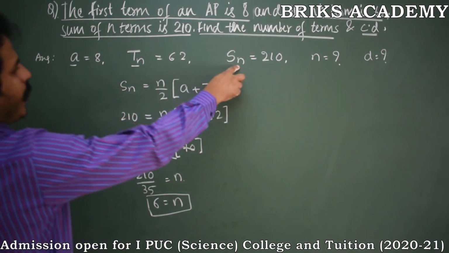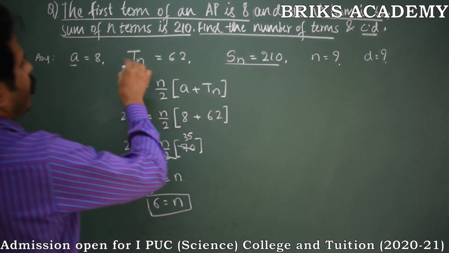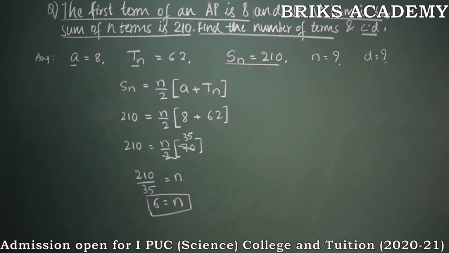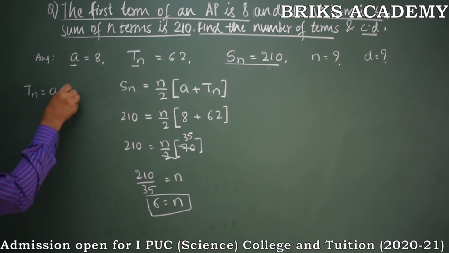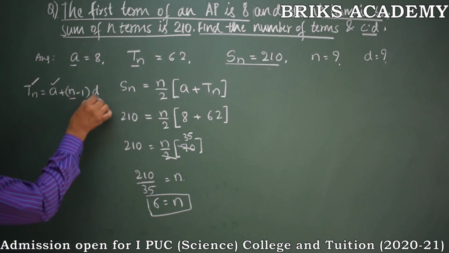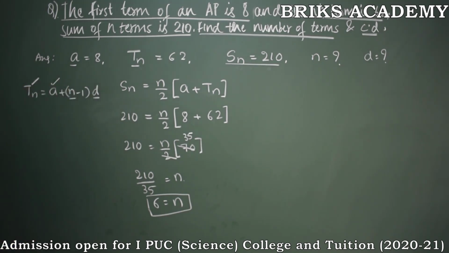Here, since the Sn value is given, either I have to use the Sn formula or the Tn formula. In case I use the Tn formula, what happens? This is a plus n minus 1 into d. No doubt Tn is given, a is given, but n as well as d are both unknowns.